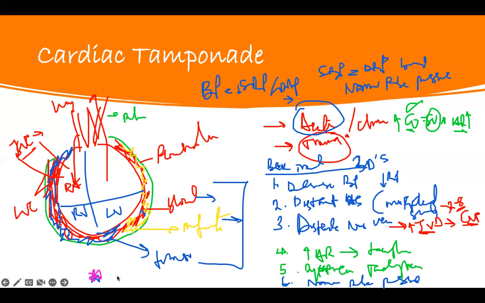So any systolic blood pressure that decreases by greater than 10 millimeters of mercury with inspiration is an indication of cardiac tamponade. And this is what we call pulsus paradoxus.